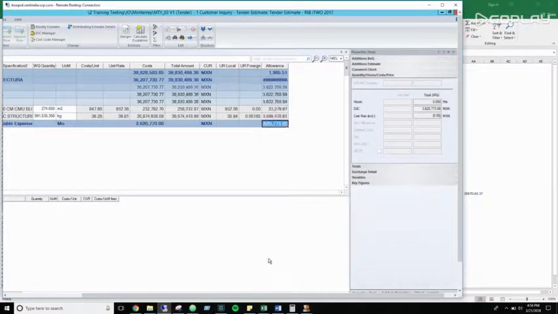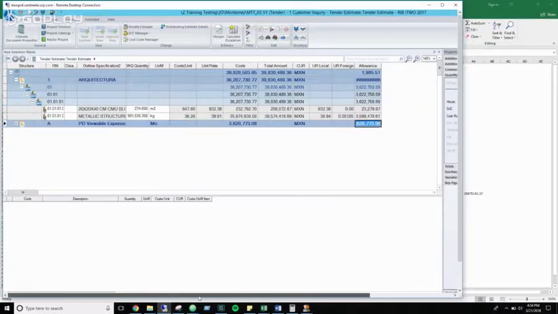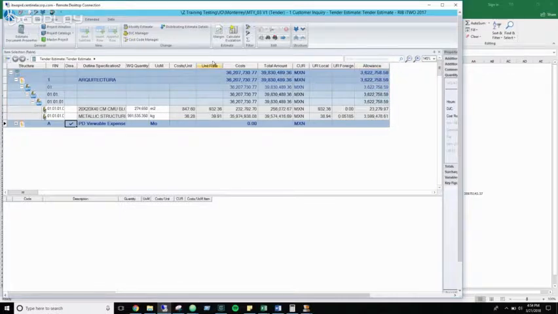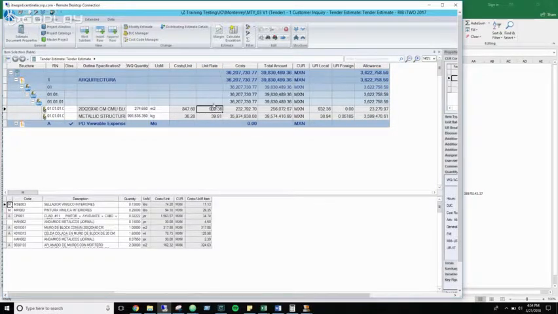so F5, and then hide this again so we can see the cost again here. So now the project is with the 10% of indirect. The unit of rate, as you can see, has changed because it's now carrying the indirect, and the cost per unit is without the indirect.